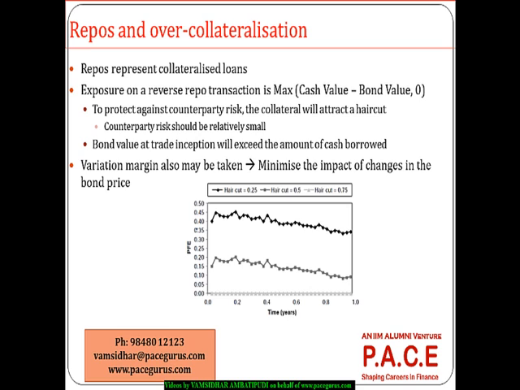And in many cases of repos, we see repo is nothing but a collateralized loan, and from a reverse repo perspective, the person who has actually given the loan, right? Because he is taking the security and giving cash. So it's as good as a person who has given a loan by taking something as a security.